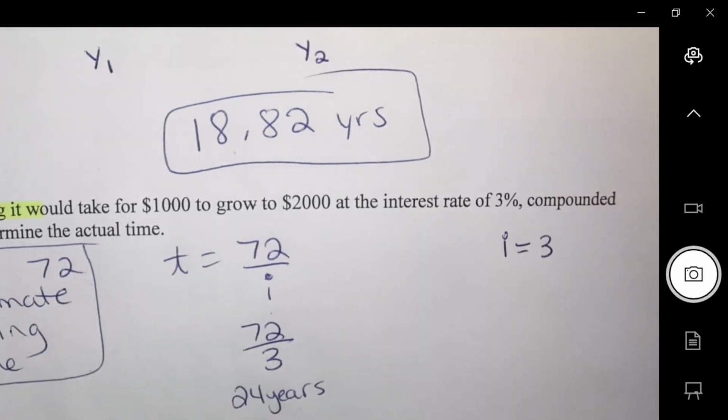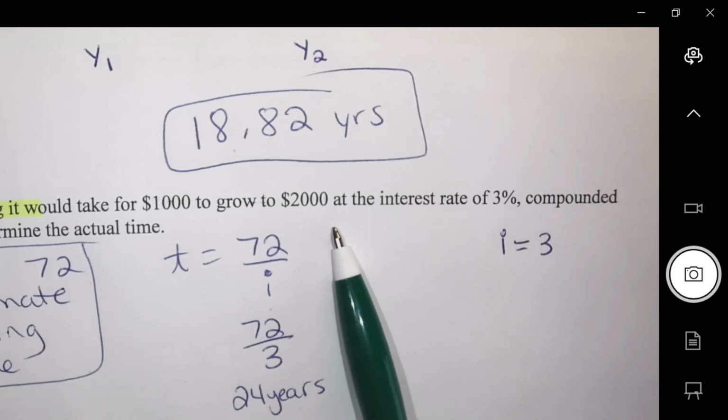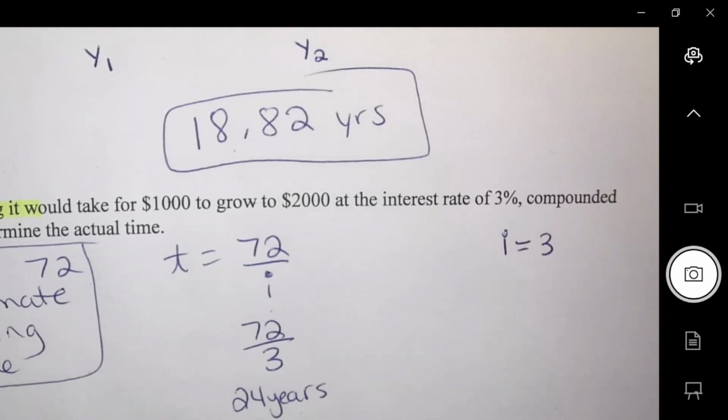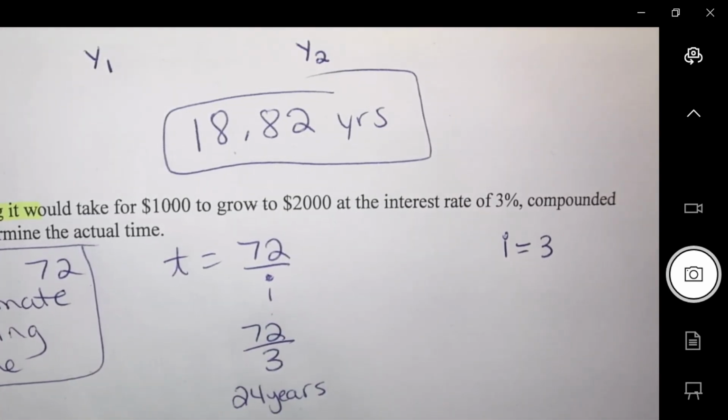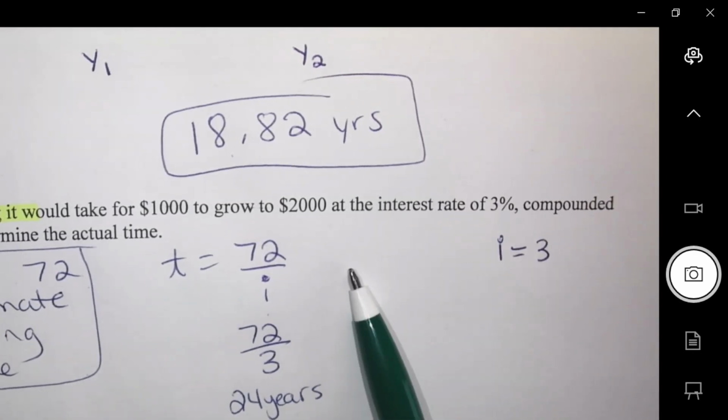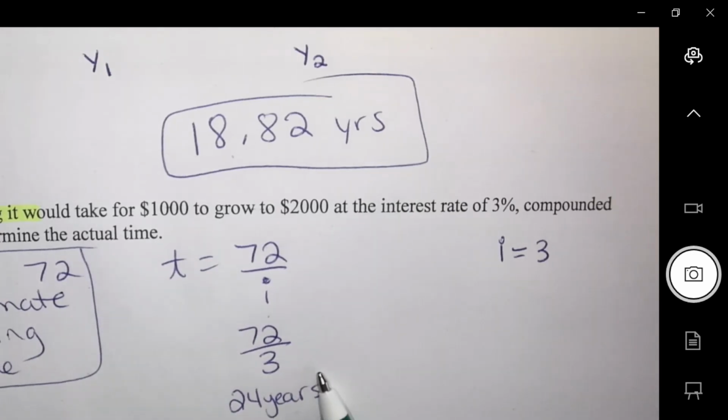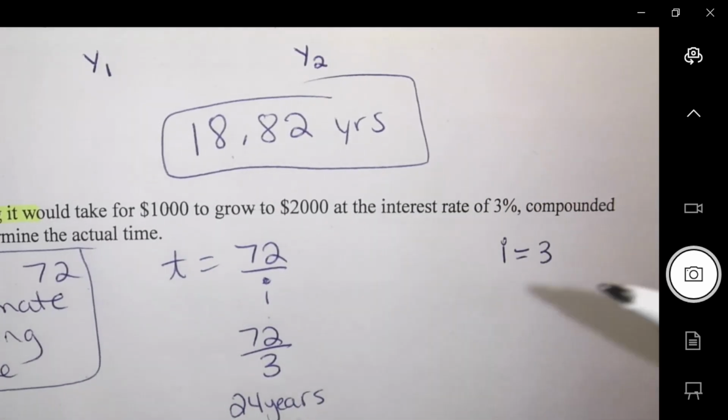So, it took them 24 years to get to 2,000. It would take another 24 years to reach what money? 4,000, and then another 24 years, you would be at 8,000. Okay, so remember that strategy? I think we kind of drew a chart.